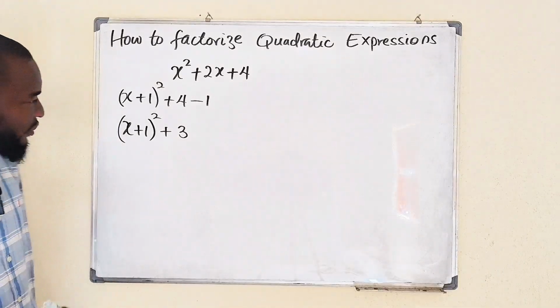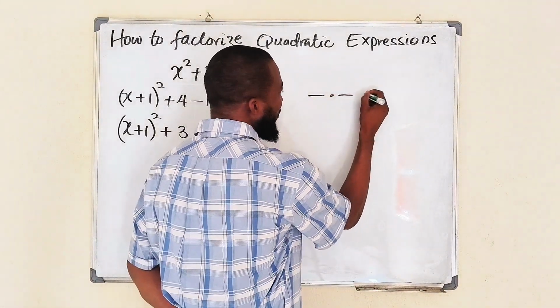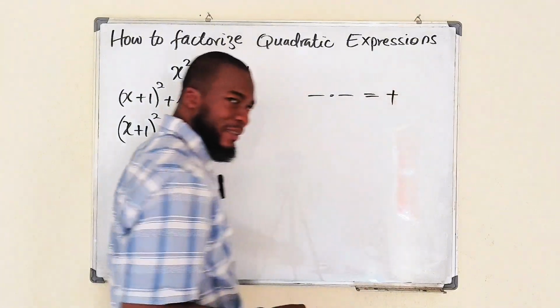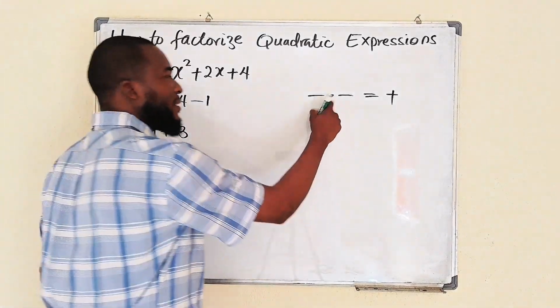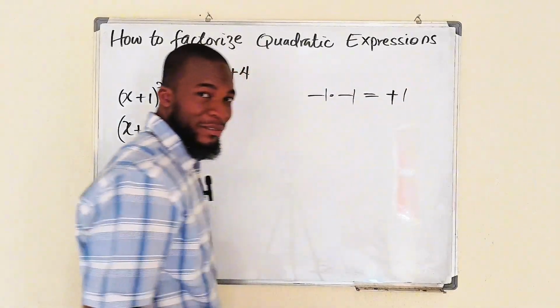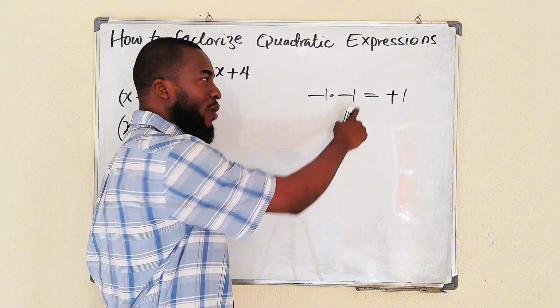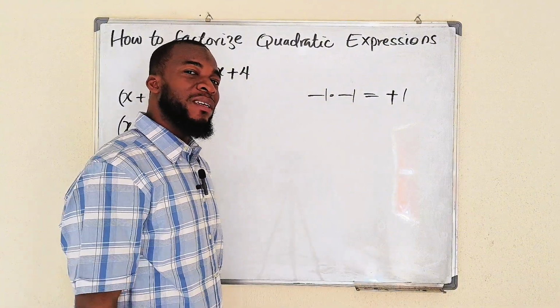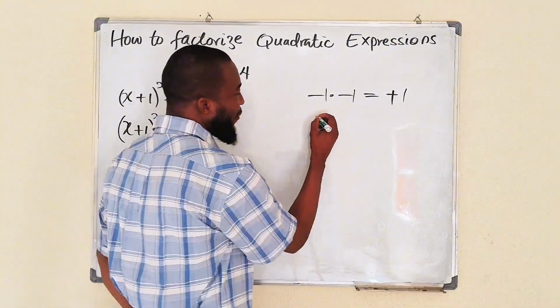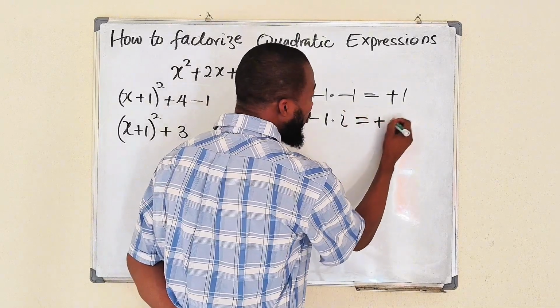I would like to introduce something. Remember that if you have minus multiplied by minus, this will give us plus, right? And we know that this can also be written as minus 1 times minus 1, right? And we know that in the complex world, minus 1 is the same thing as i squared. So therefore, negative 1 multiplied by i squared will still be equal to plus 1.